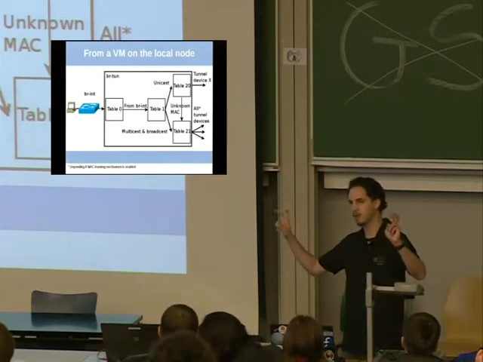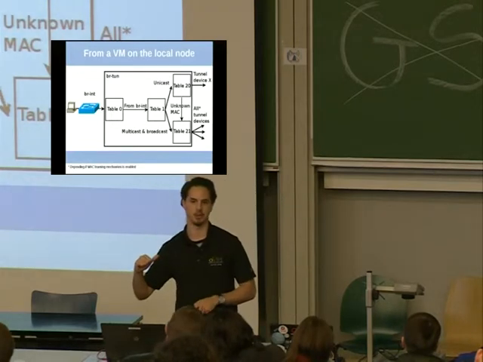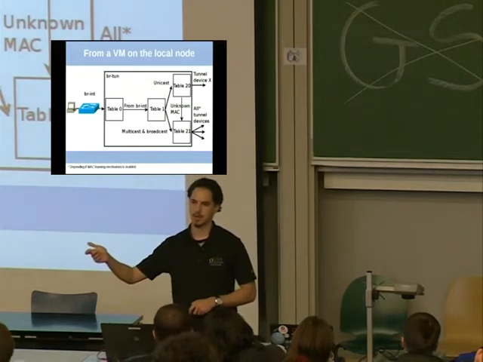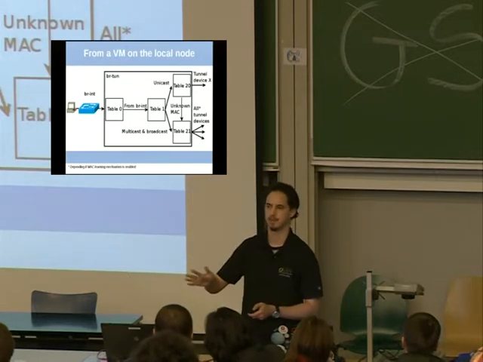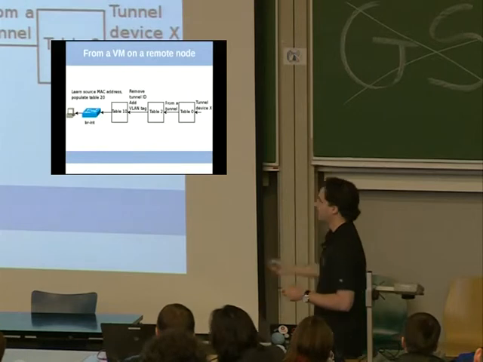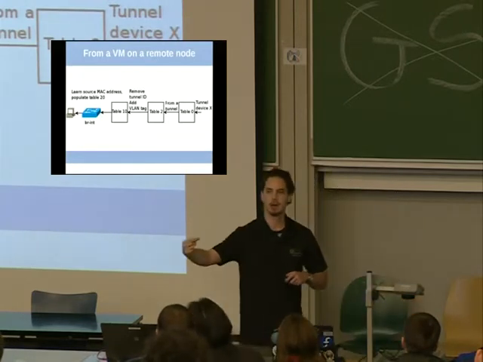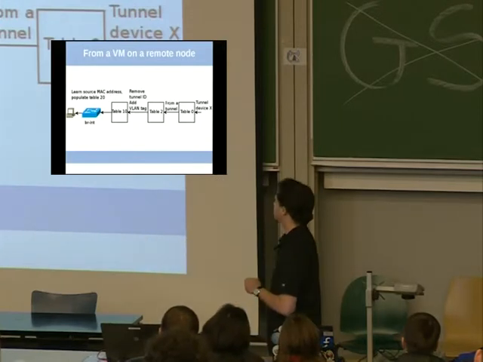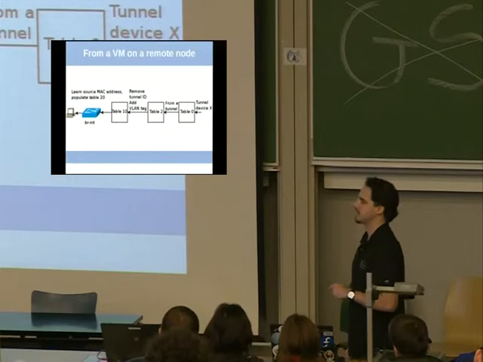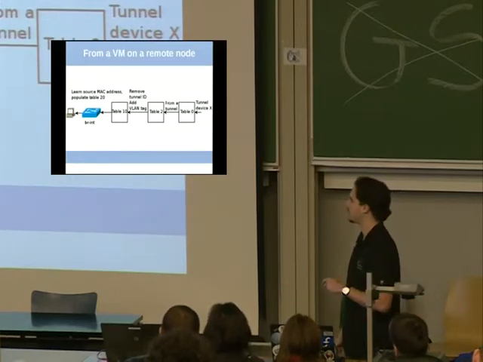Why the air quotes? Because we talked earlier about the broadcast optimization. If that's enabled, then I don't need to send the message to all of the tunnels, just to some of them. So what about the other way around? If a message is coming in from a tunnel and not from a local VM, it's traffic that's coming in from a tunnel and not the integration bridge, so it goes to table 2.